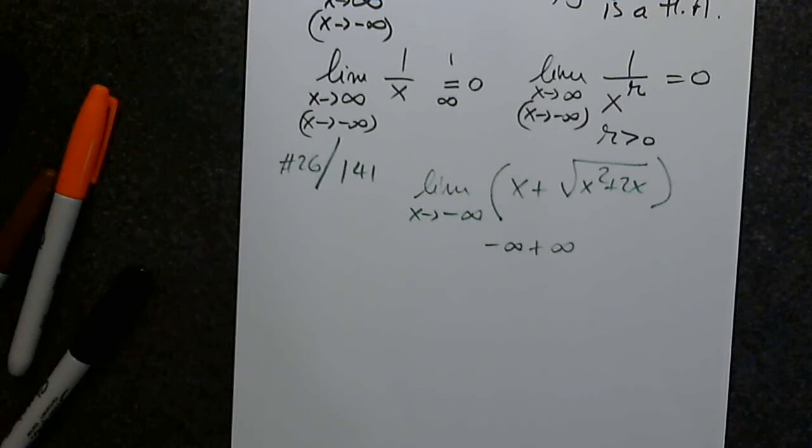Which one grows faster? Does x squared grow faster when x approaches infinity, or does 2x grow faster when x approaches infinity? Yes, x squared is bigger. It will overtake 2x. No matter what 2x is, x squared will dictate. So therefore, this quantity is a positive quantity. Huge, positive.